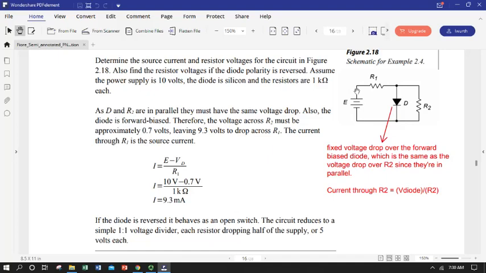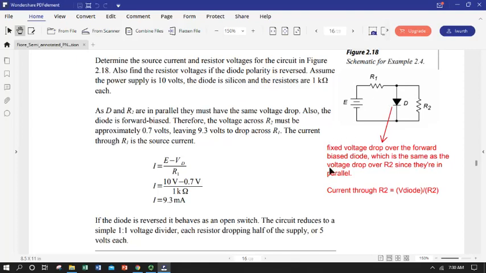Right back to basic definitions of series and parallel and Kirchhoff's voltage law. You're going to see Kirchhoff's voltage law again and again and again in semiconductor circuits, because it's a fabulous way of accounting for these fixed voltages that we get at every PN junction and throughout all of these semiconductor devices.